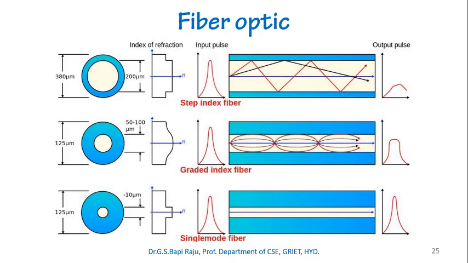In the case of single mode, the fiber core width is only about 8 to 10 micrometers, and the outer glass width is 125 micrometers. Graded index is 50 to 100, and step index is around 200 micrometers. Single mode travels almost in a straight line, whereas graded has a loop, and in step index, we have the steps.